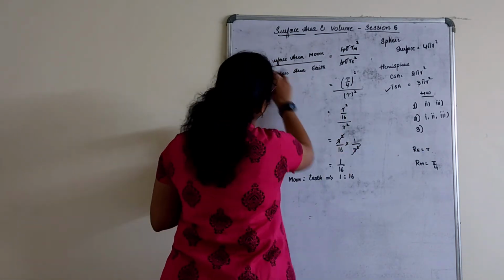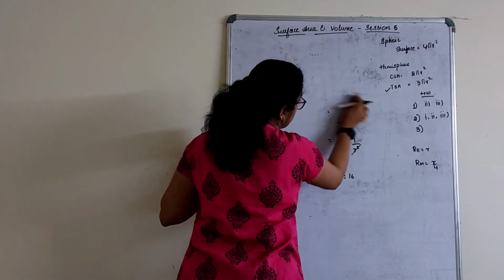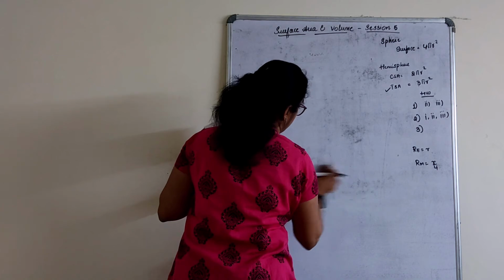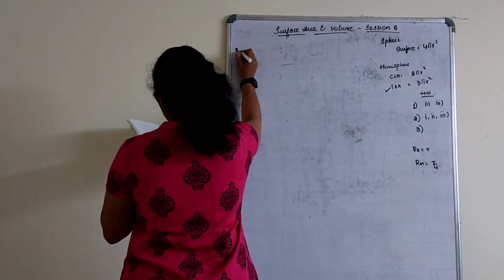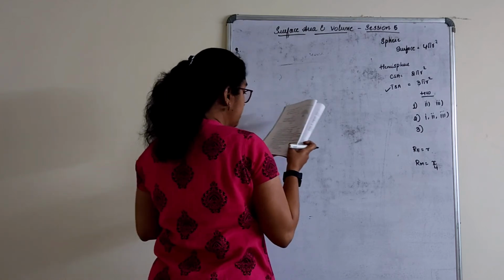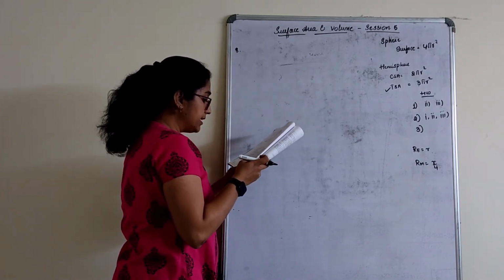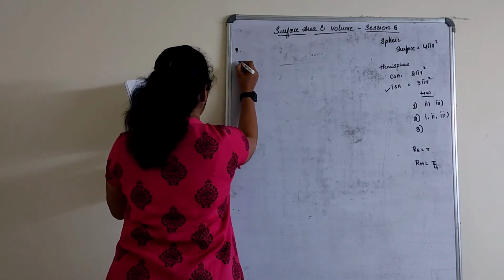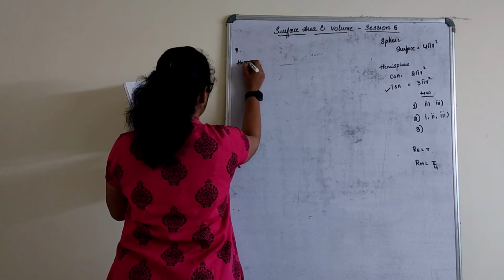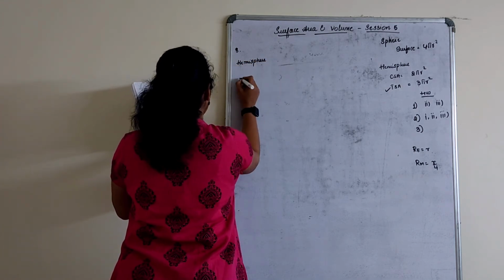Only thing we have to arrange it properly first to write. Eighth one. A hemispherical bowl is made out of steel of 0.25 centimeter thick. The inner radius of the bowl. So if it is a bowl, then that means it is a hemisphere. Okay.